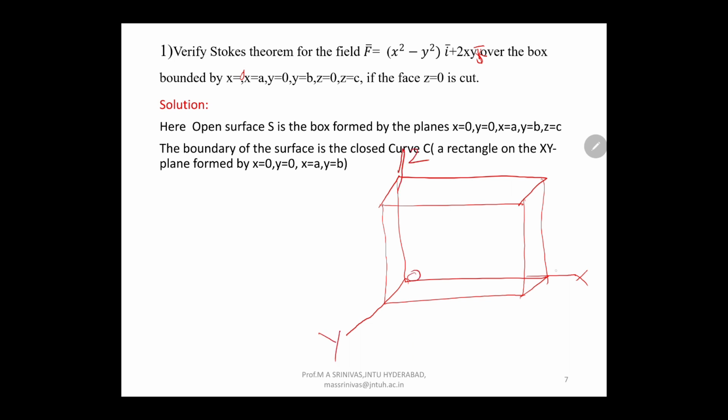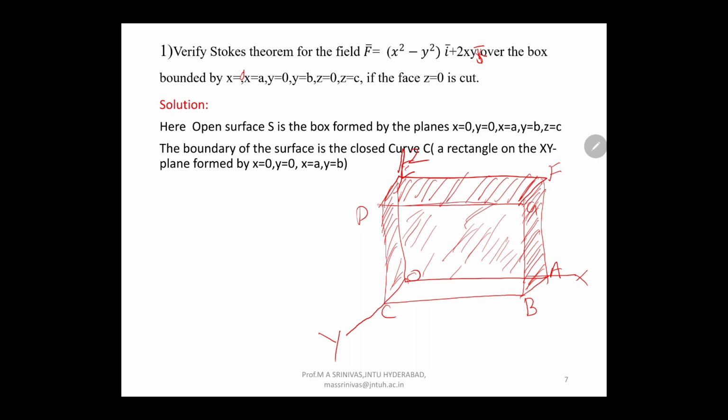I am naming the vertices of this box O, A, B, C. This is D, this is E, F, and G. This box is closed on these sides, this is also closed, and this side is also closed, and the back side is also closed. The front side is also closed, but this side is open.